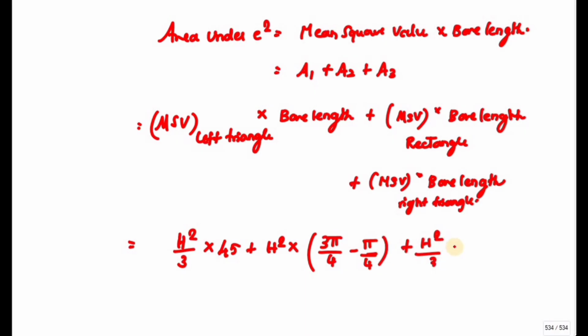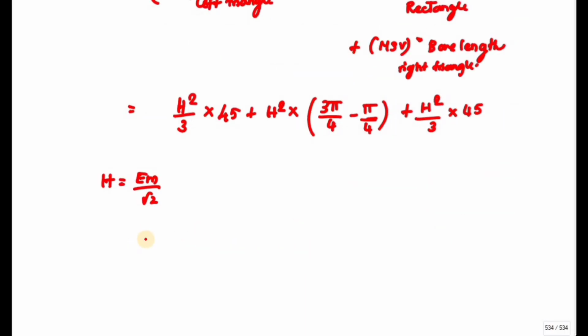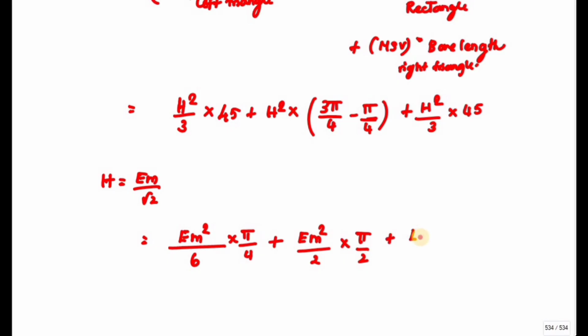So you will get, we substitute h is equal to Em by root 2. On substituting, I will get Em square divided by 6 into pi by 4, because pi by 4 is the base length, plus Em square divided by 2 into pi by 2, plus Em square divided by 6 into pi by 4.